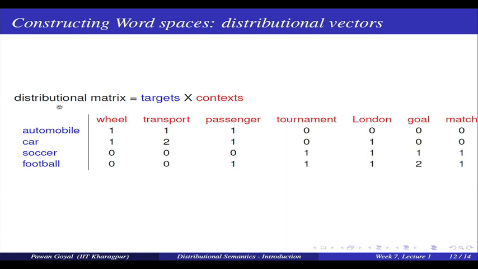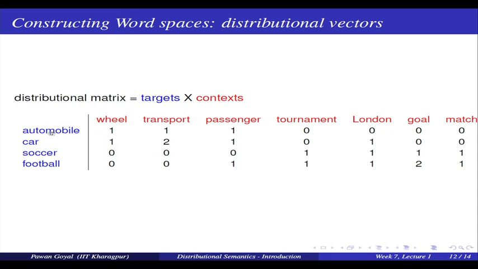Let us say the whole sentence here is the context window. You can try doing that with the example that we had seen, and find the number of times each individual word occurs with another word, and you will find something like this. This you can call your co-occurrence matrix or distributional matrix, composed of targets and contexts.